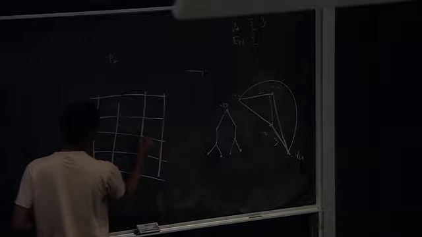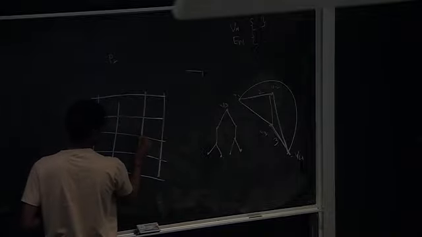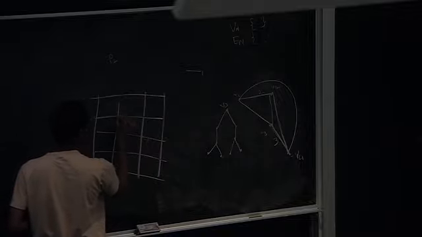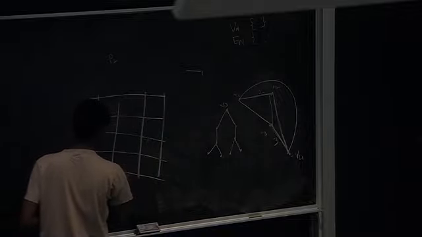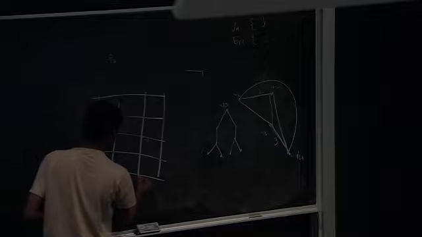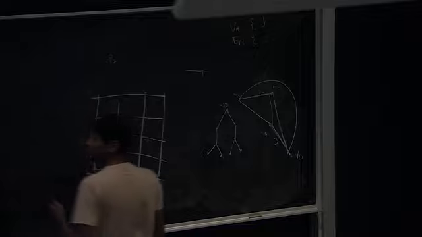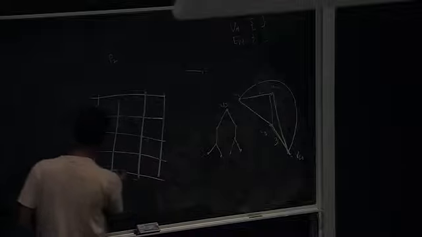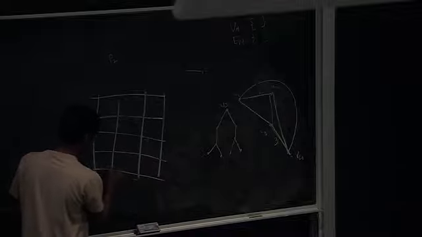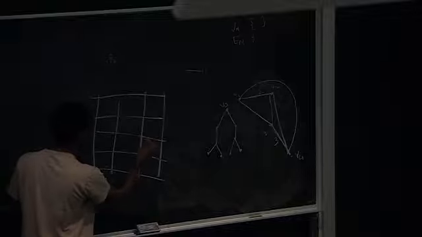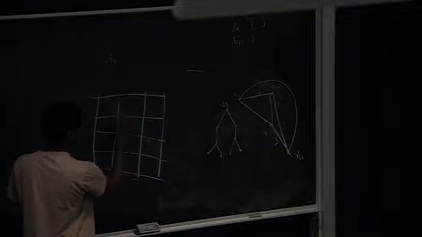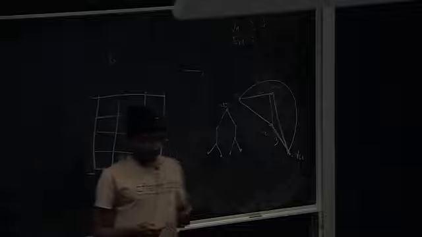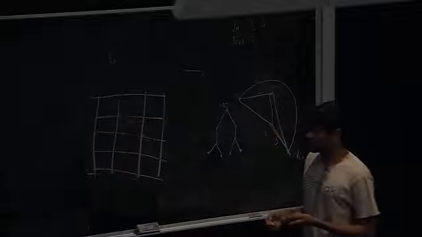So if we have error syndromes here, say here and here and here, wherever there are error syndromes, you form a cluster, initially with wherever there are -1 syndrome vertices.